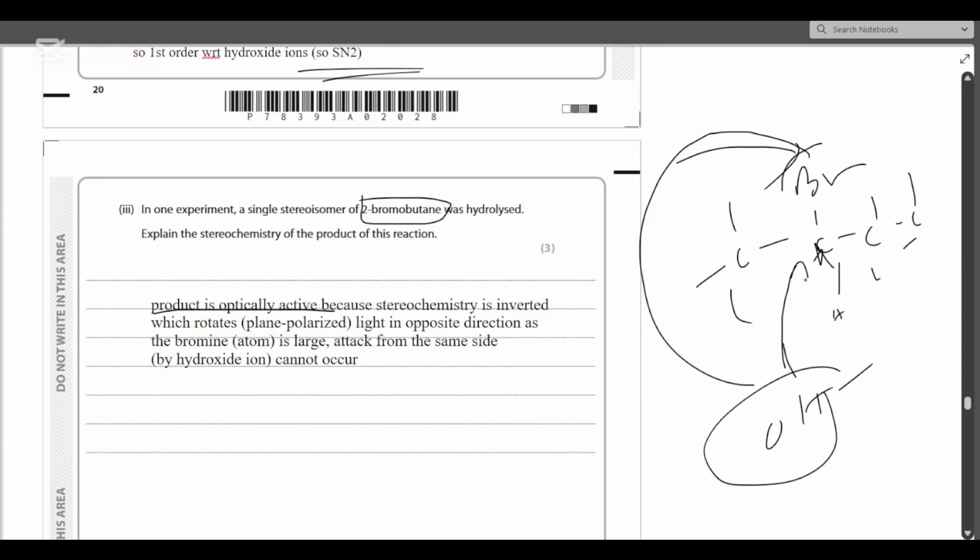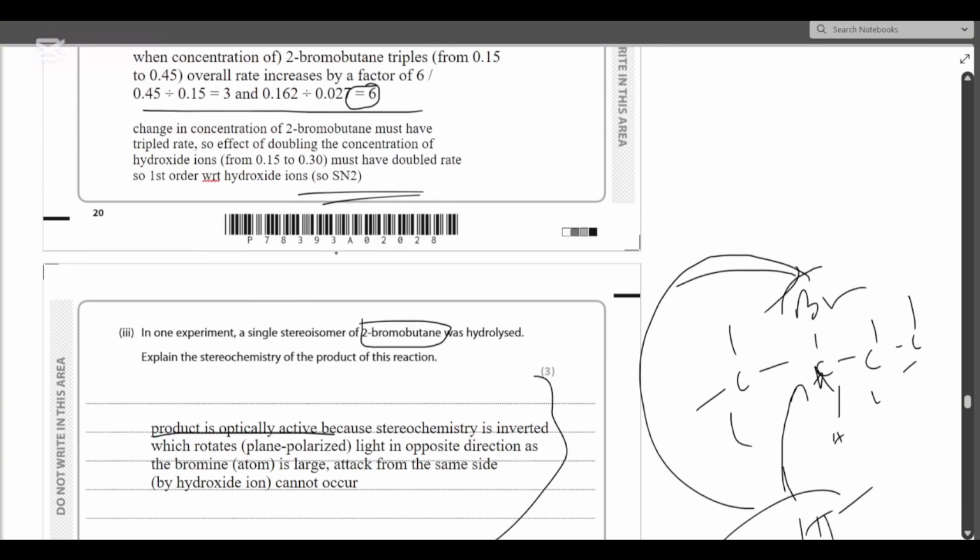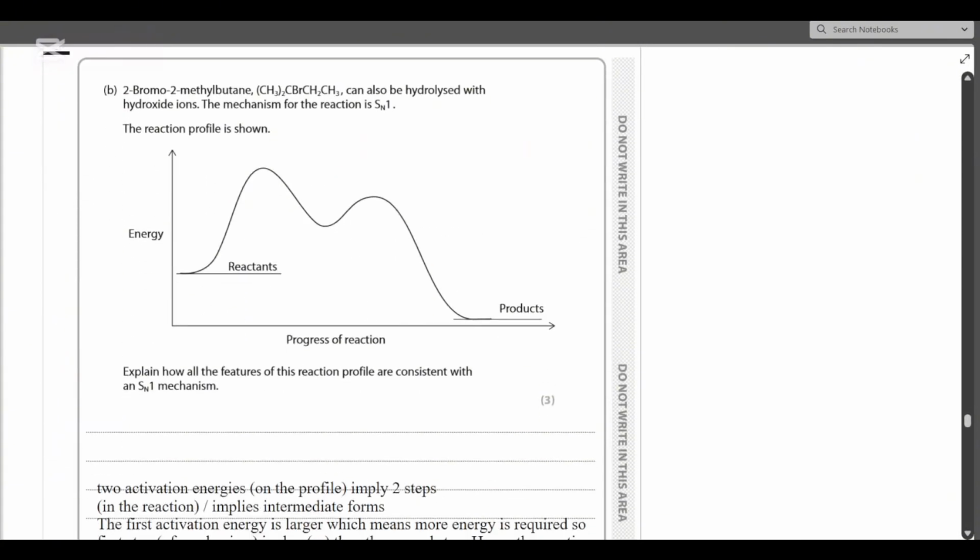It's never going to attack from the bromine side, because the bromine atom is too large to be attacked from both sides of the atom. So you can say that the product remains optically active, because the whole structure basically gets inverted.